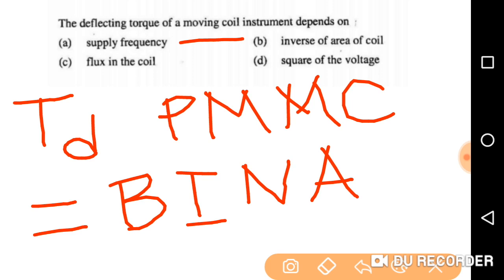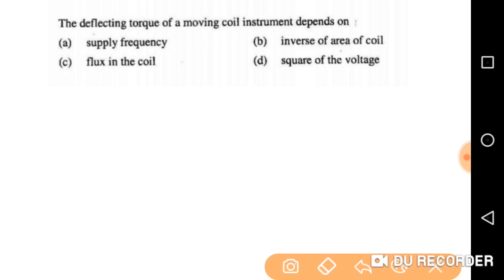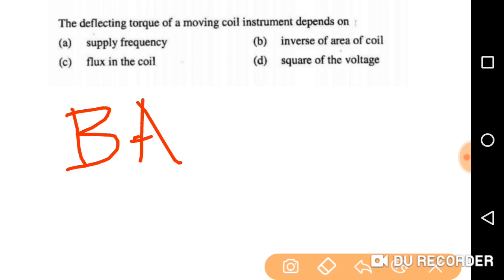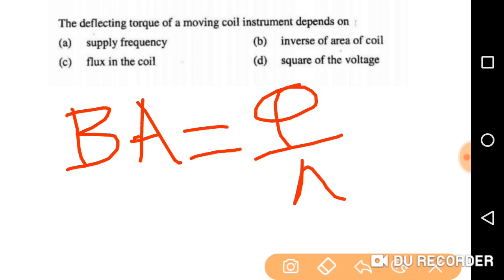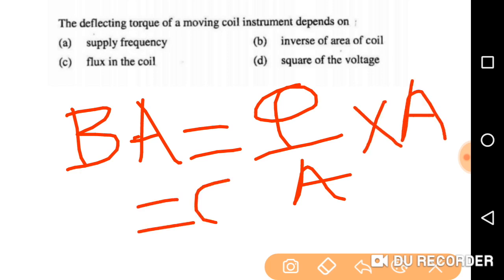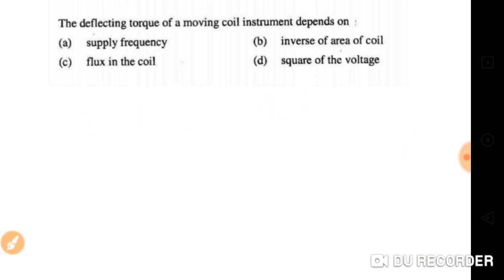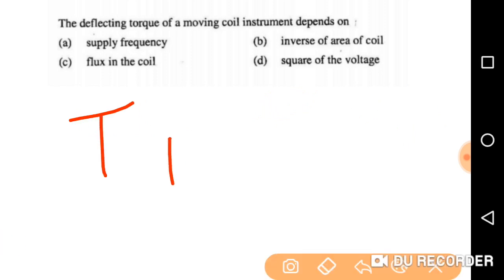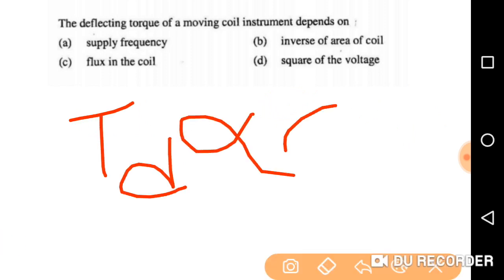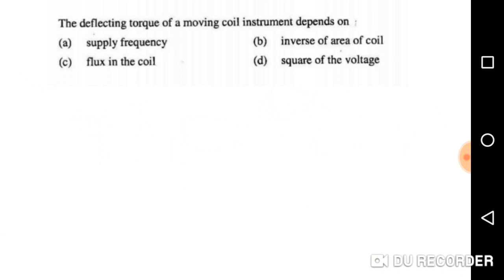According to this question, the deflecting torque is proportional to the multiplication of B and A. We know that B equals flux per unit area. So multiplying it again by area gives the flux. So the deflecting torque is proportional to the flux in the coil. Option C is the correct answer here.